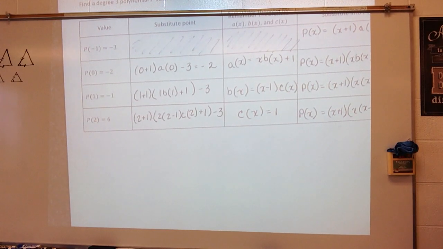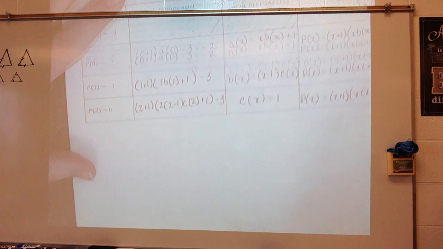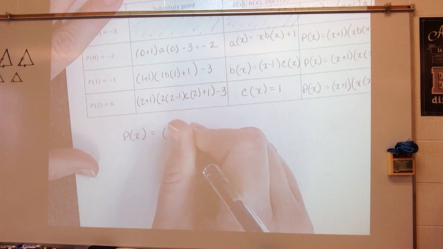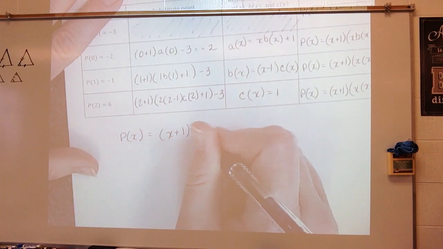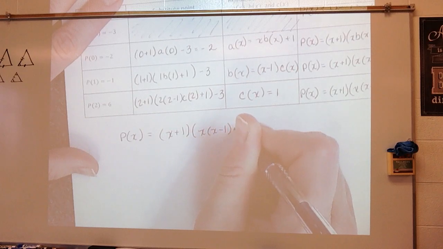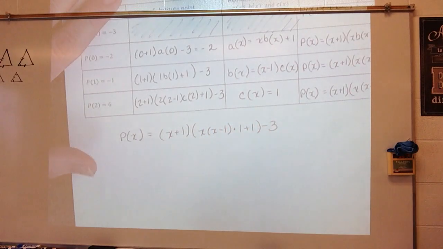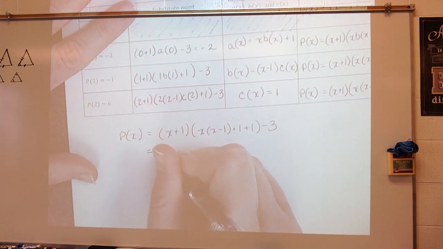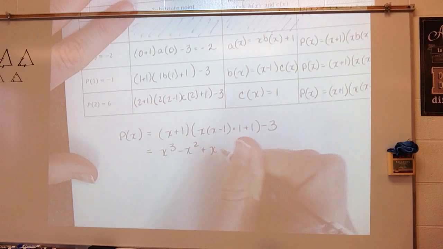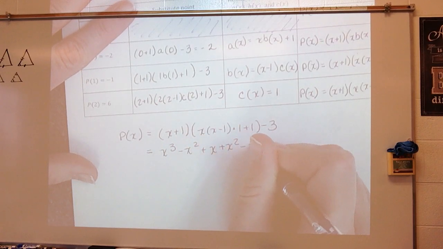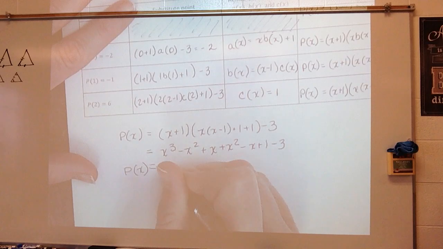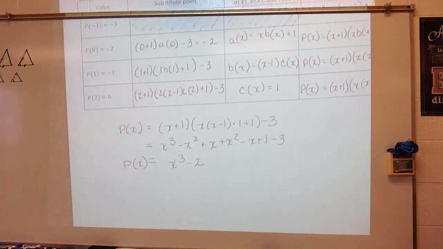If we were to write that in standard form and multiply all of this out, I would end up with x cubed minus x squared plus x squared minus x plus 1 minus 3, which would give me p of x is equal to x cubed minus 2.